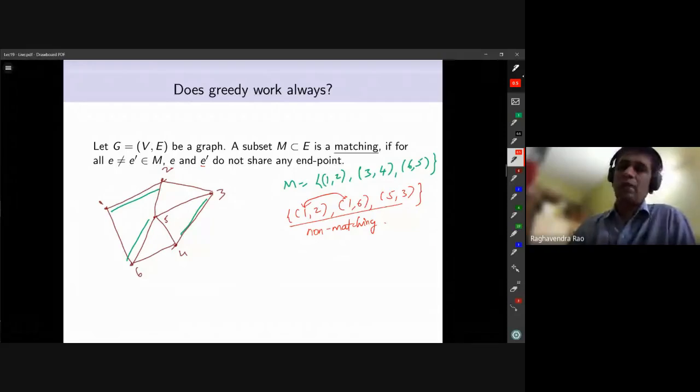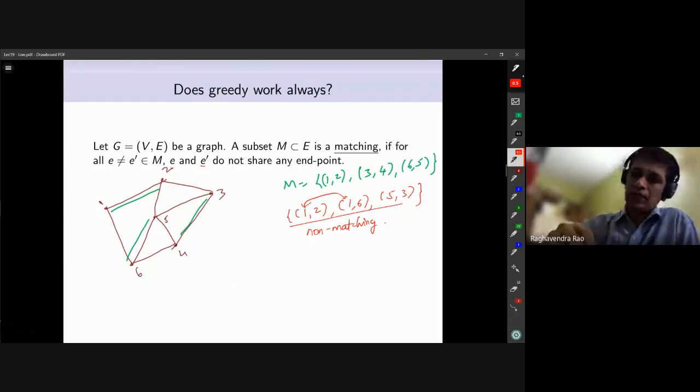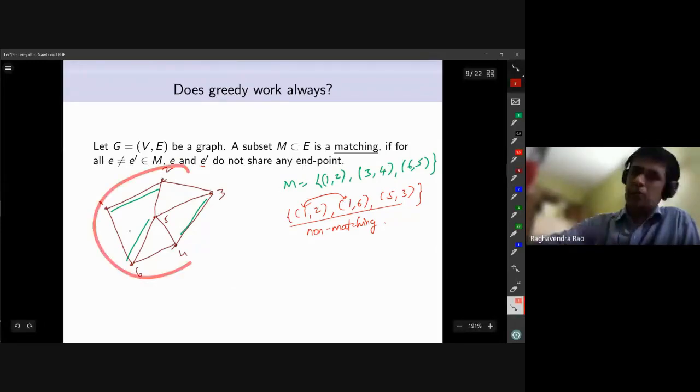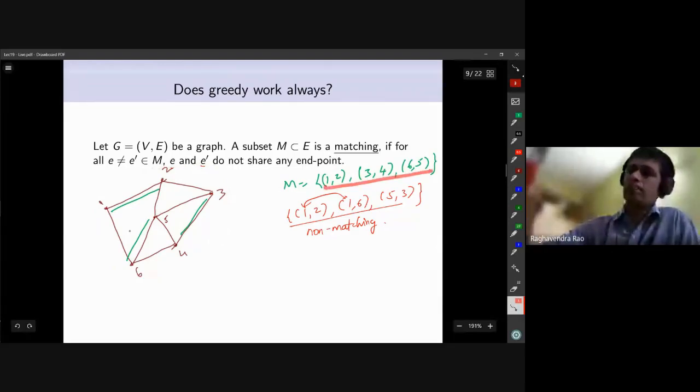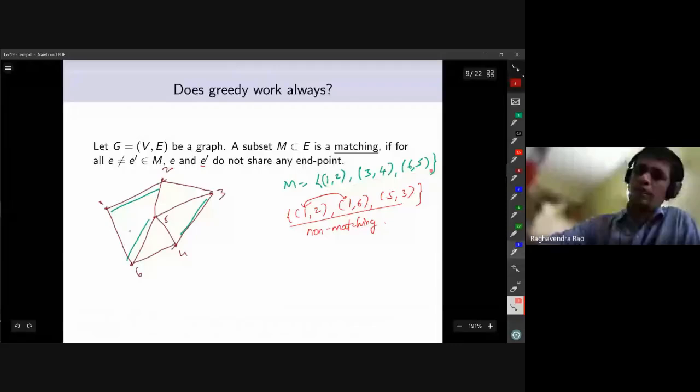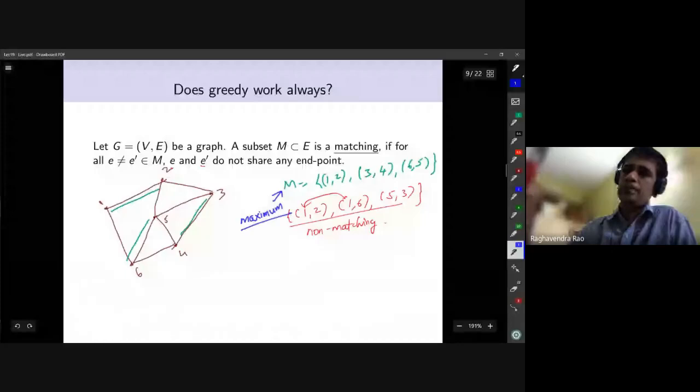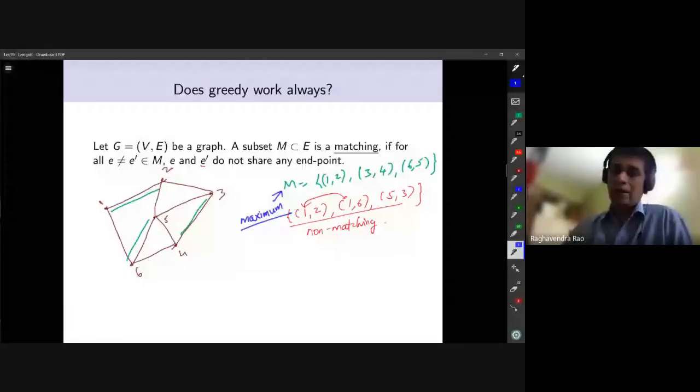That means you can have at most n/2 edges in any matching. Here there are 6 vertices and my set already has 3 edges, so this happens to be maximum. If n is the number of vertices, I cannot have more than n/2 edges in any matching. Hence this has to be the maximum.